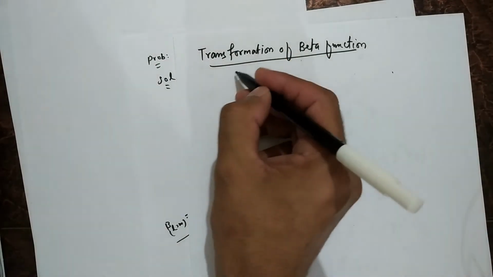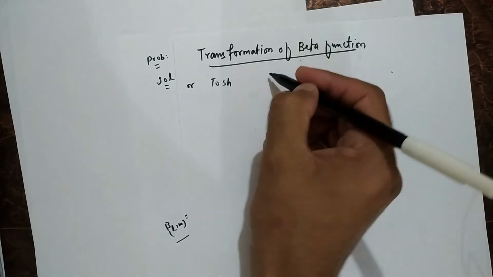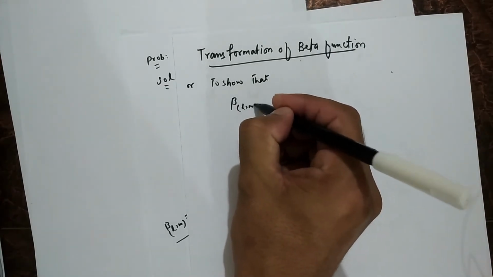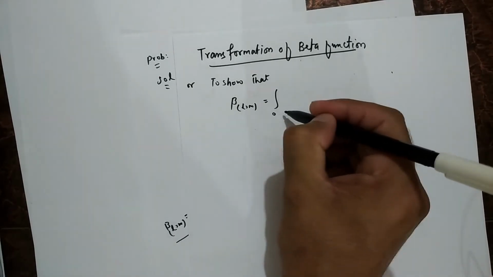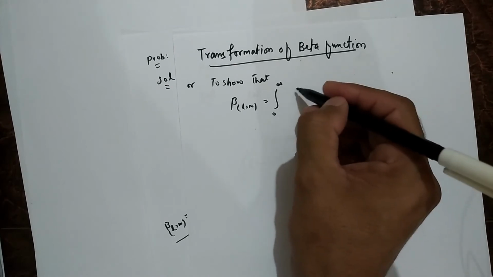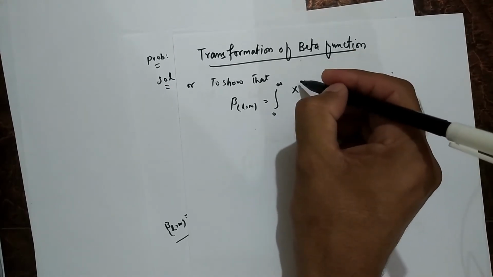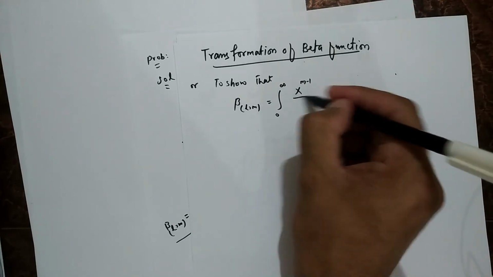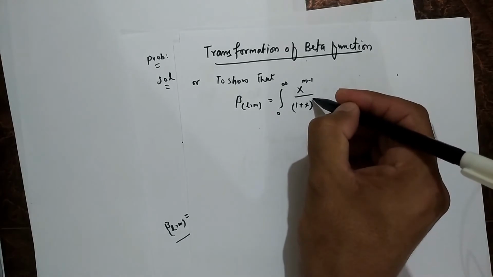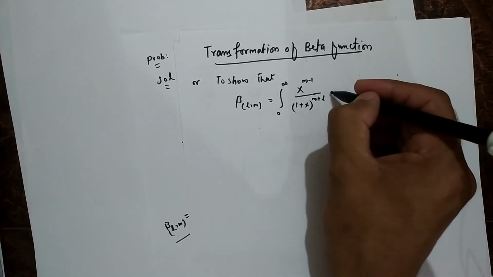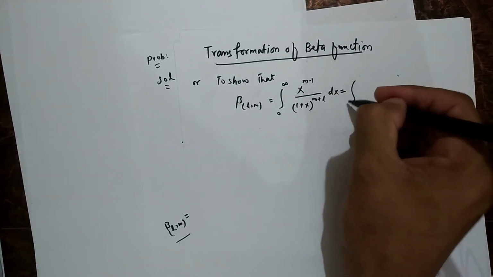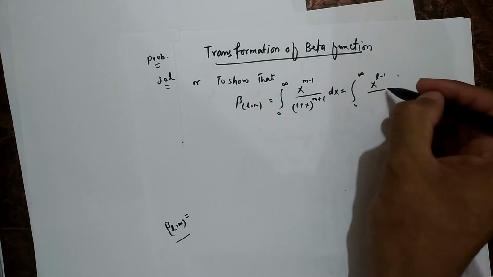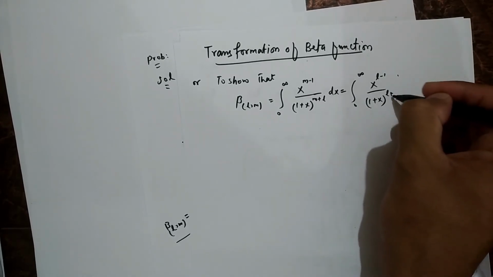That means to show that beta(l, m) can be written as the integral from 0 to infinity of x to the power m minus 1 upon (1 plus x) whole to the power m plus l into dx, or we can write it in this form: the integral from 0 to infinity of x to the power l minus 1 upon (1 plus x) whole to the power l plus m into dx.